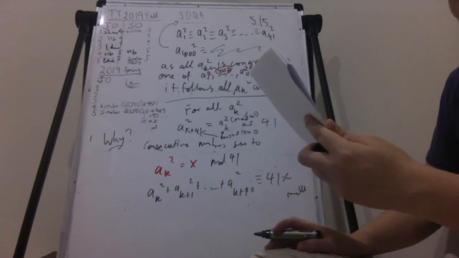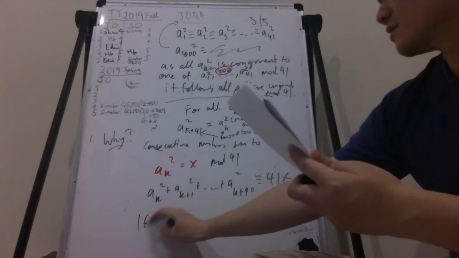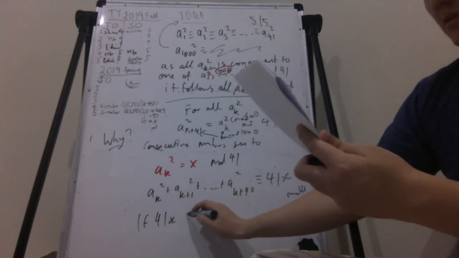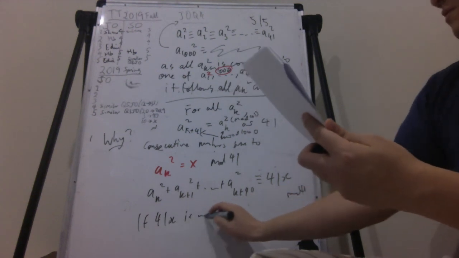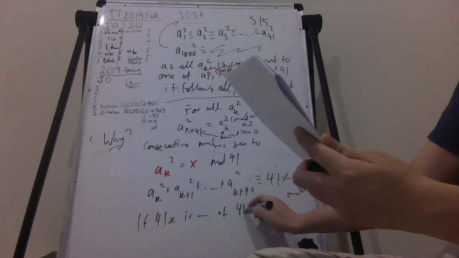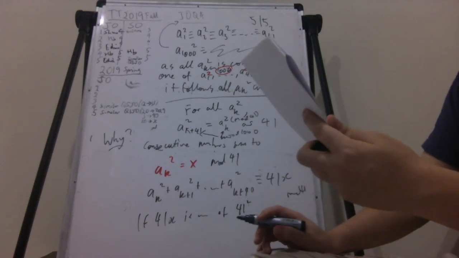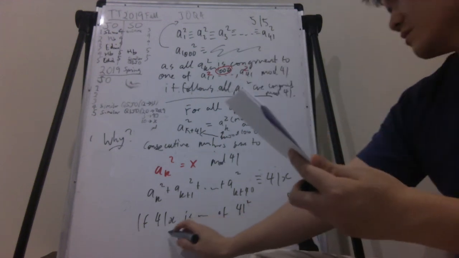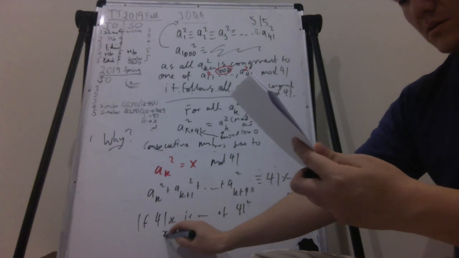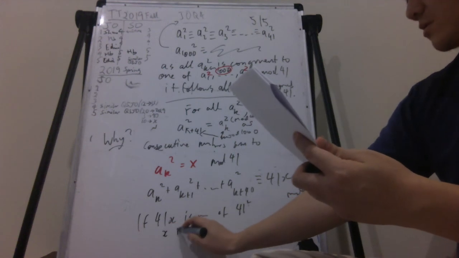Okay, and then 41x is a multiple of 41 squared. x must be a multiple of 41, yeah? Yeah. Oh, amazing.